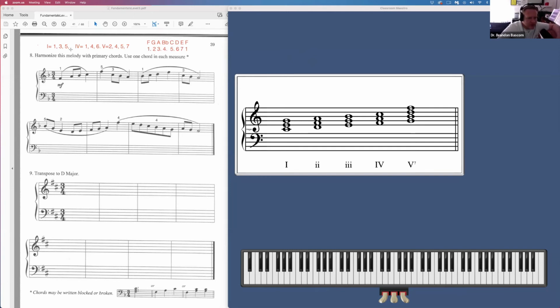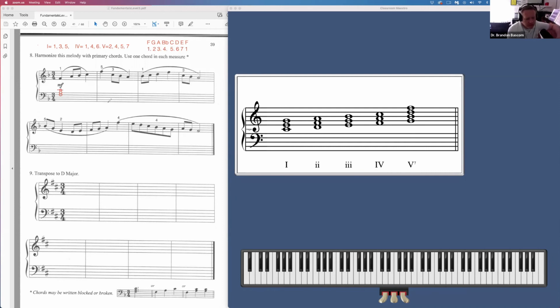The majority of those are going to align with my tonic chord. So I am going to play my tonic chord. And that's how you do part 8.